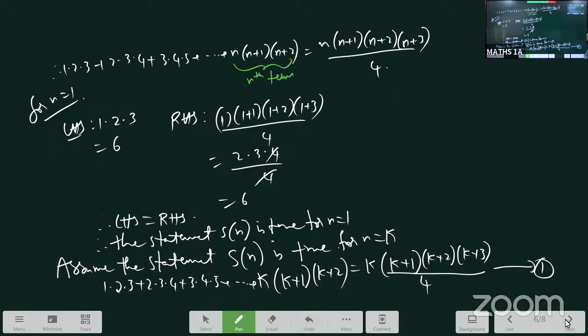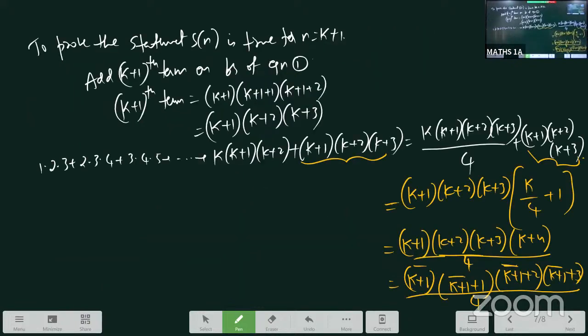Now next, for n equal to 1, LHS equal to RHS. So the statement S of n is true for n equal to 1. Assume the statement S of n is true for n equal to k. And add k plus 1th term on both sides.